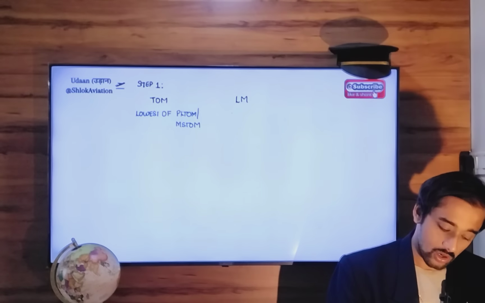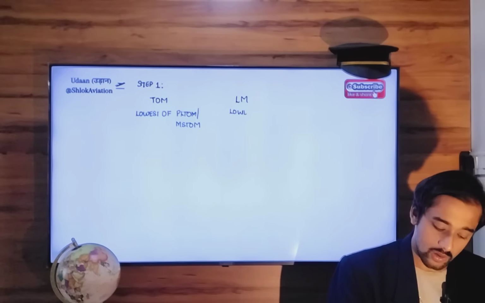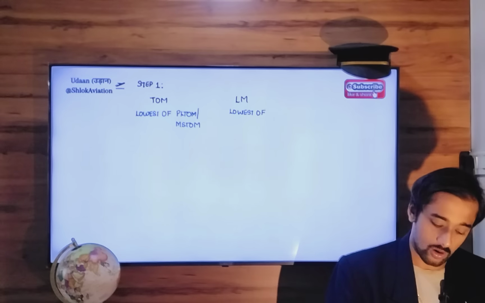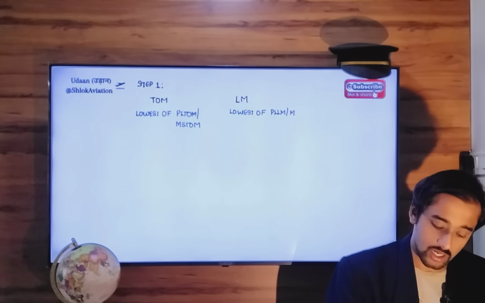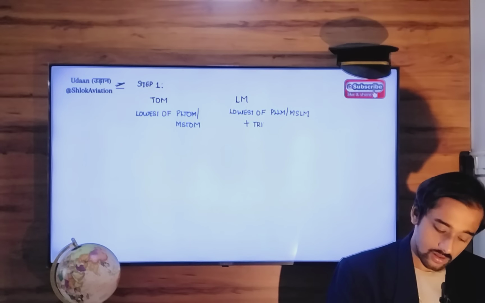In the landing mass column, you are going to write the value which is the lower of performance limited landing mass and maximum structural landing mass. To that, you are going to add trip fuel.